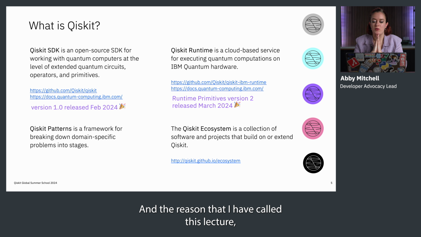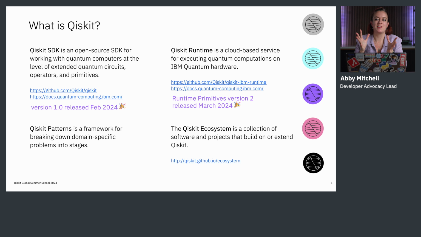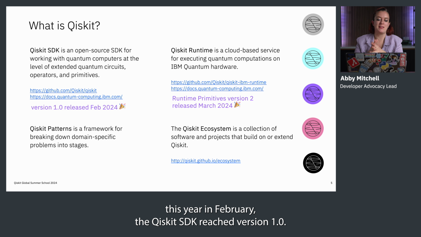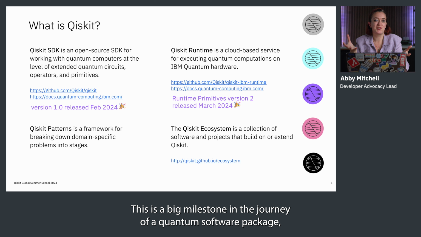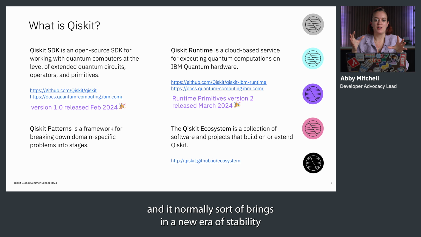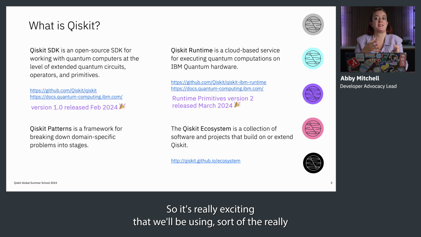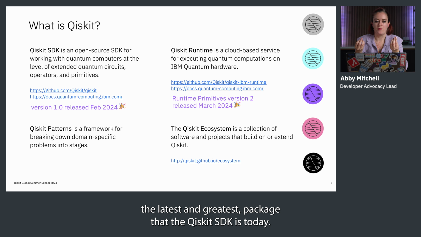And the reason that I have called this lecture Introduction to Qiskit 1.0 is that, quite excitingly, earlier this year in February, the Qiskit SDK reached version 1.0. This is a big milestone in the journey of a quantum software package, and it normally brings in a new era of stability and performance for a given package. So it's really exciting that we'll be using the latest and greatest package that the Qiskit SDK is today.